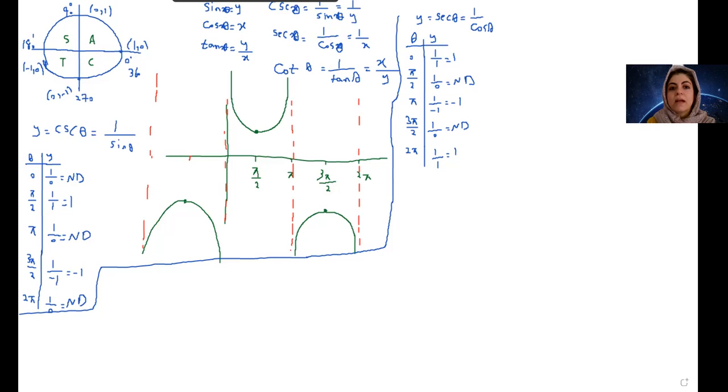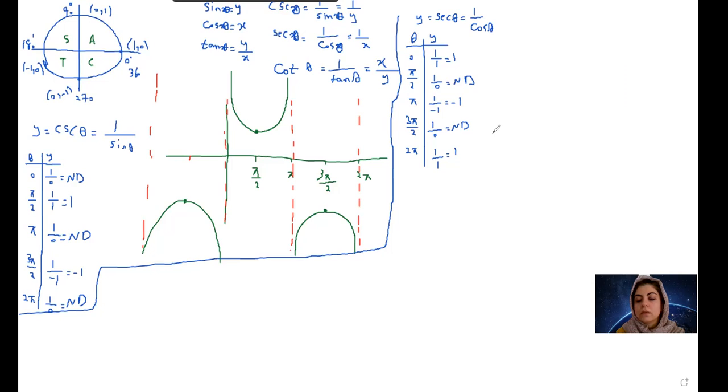Okay, so let's just graph this. I'm going to graph this one quickly here. Okay, 1, 2, 3, 4. So this is pi over 2, here is pi, 3 pi over 2, 2 pi.